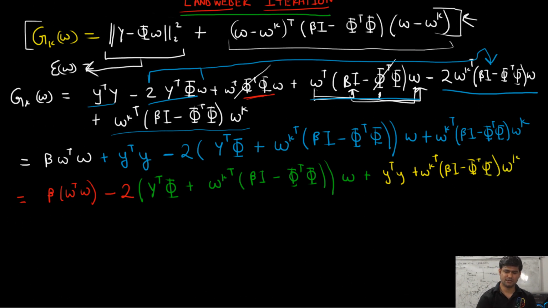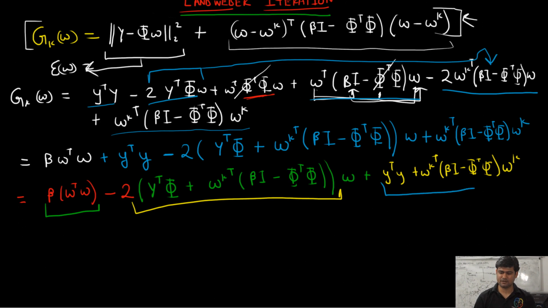And now we can see that this is the quadratic term in w, this is linear in w, and the last term doesn't even depend on w at all. So this is just some constant which we can denote by ck, where we have substituted k to denote its dependence on wk. But since wk is a constant, phi is constant, beta is constant, and y is also a constant, this entire term is constant, it doesn't play any role in the optimization problem, and that's why we can club it together and call it ck.